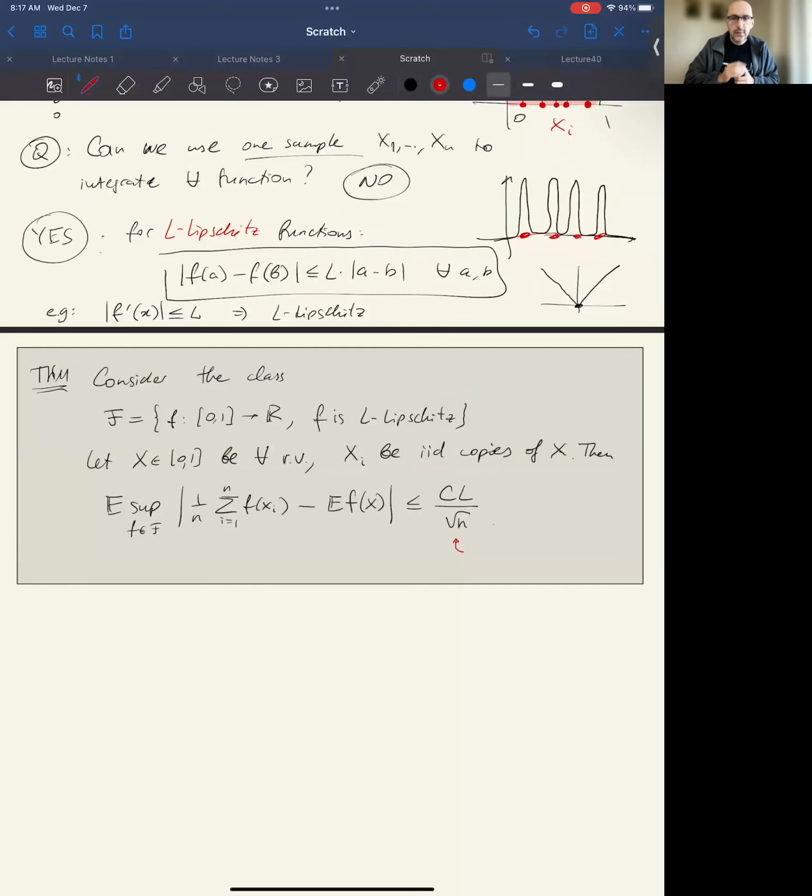This 1 over root n rate of decay is optimal. It is the same as you get for one function. If I just take one function and compute the variance, doing the variance argument as we did many times, you'll see that the rate of decay has to be 1 over root n. You can't beat that. What's beautiful is that we're able to prove this uniformly for all functions, and the rate doesn't even change.